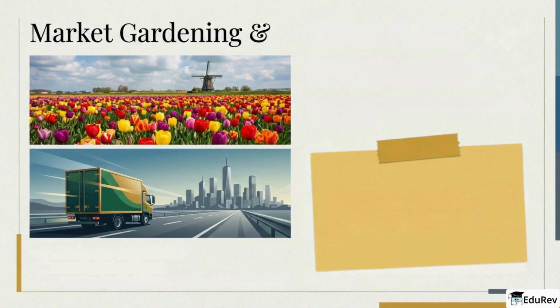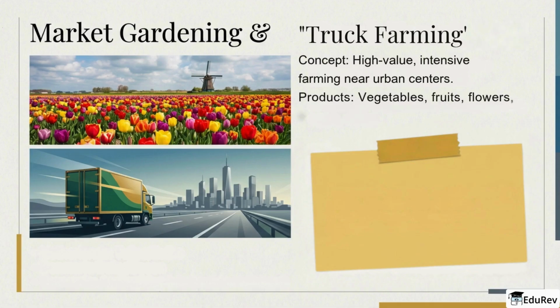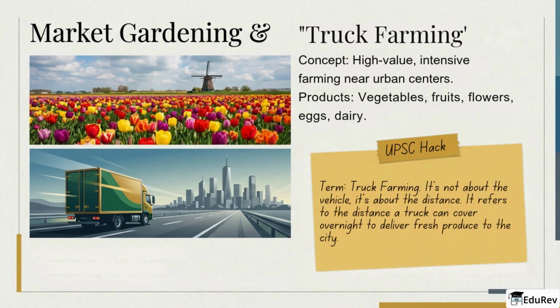Now move to one of the most exam-friendly concepts here: market gardening and truck farming. This is high-value intensive farming near urban centers. The products are usually perishable and profitable: vegetables, fruits, flowers, eggs, and dairy. Now the word trap. Truck farming is not about the vehicle itself.